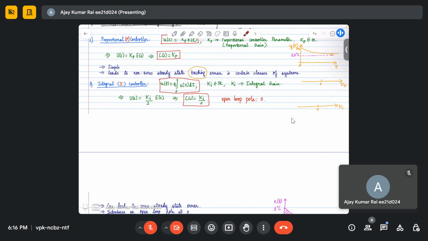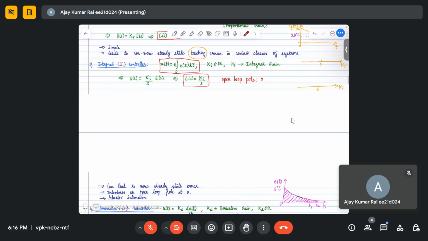If we take the Laplace transform, you get Ki by S times E of S. You have to remember this. As you can see, the denominator has one S, so it has one pole.